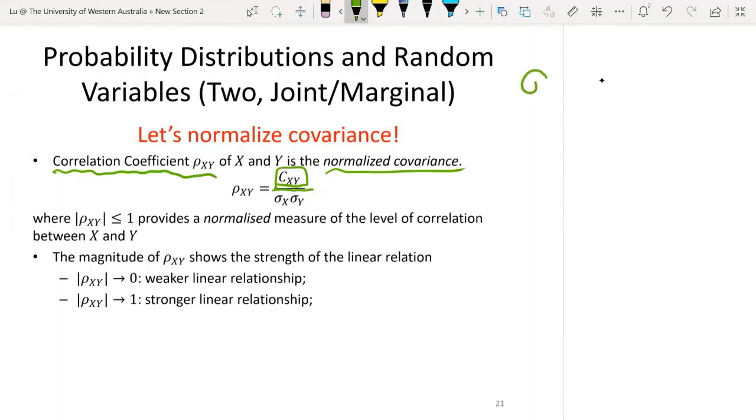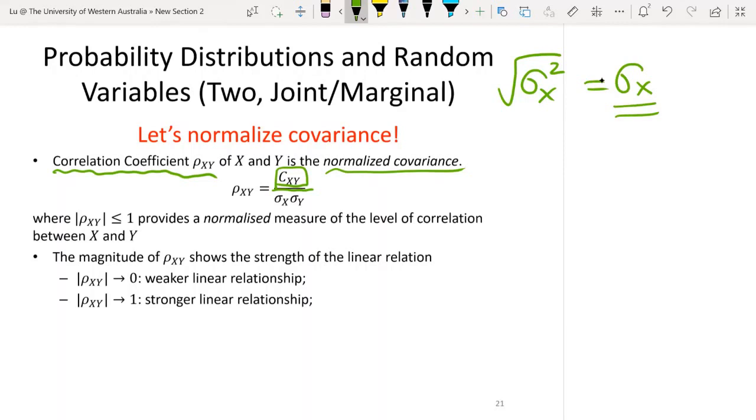Remember how we define the variance of x? We call that sigma x squared. The standard deviation is the square root of it, which is denoted by sigma x. So this is called standard deviation of x. It's just square root of the variance of x. Okay, so doing this way.